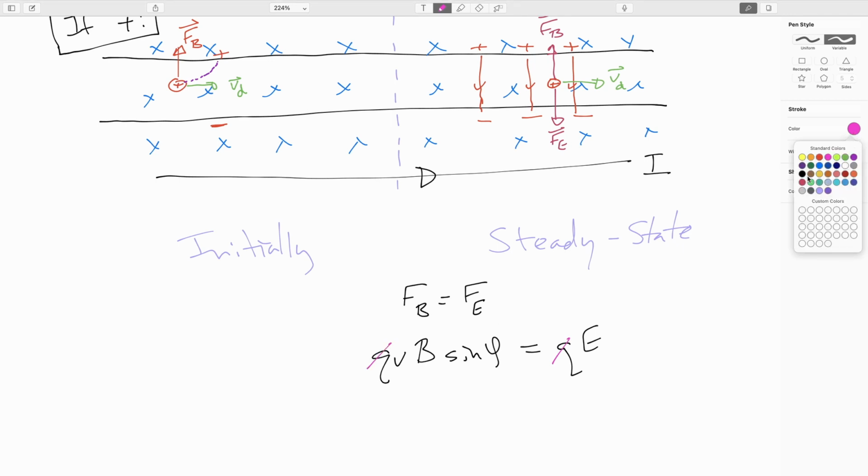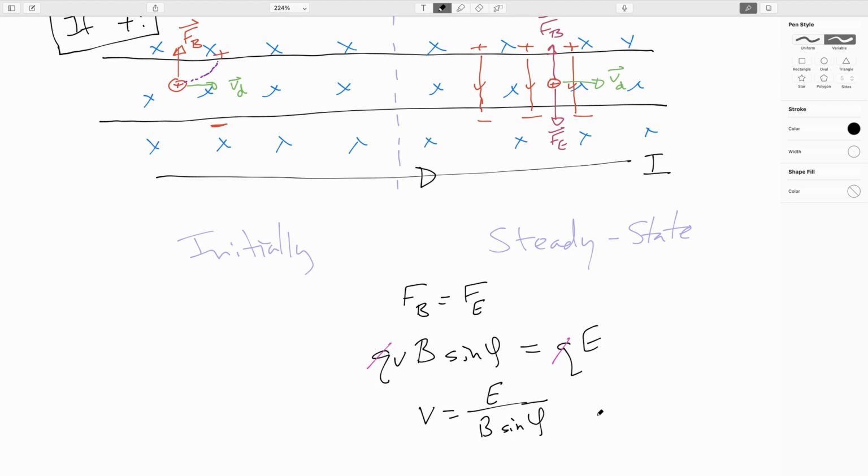And we get that the speed of our particle is E over B sin φ. So particles will keep crashing into the wall here and leaving behind charges here and building up an electric field until such point as the electric field strength is this to perfectly balance it out.